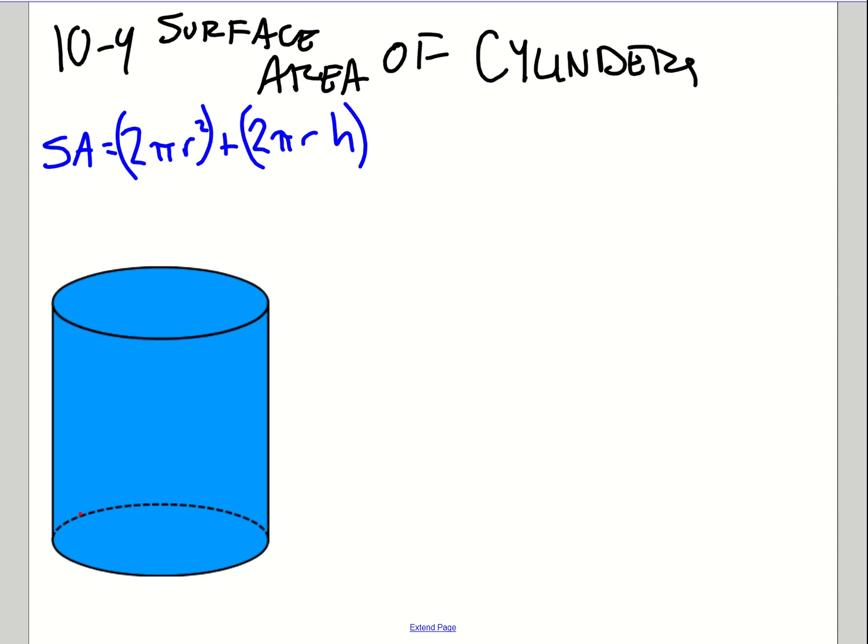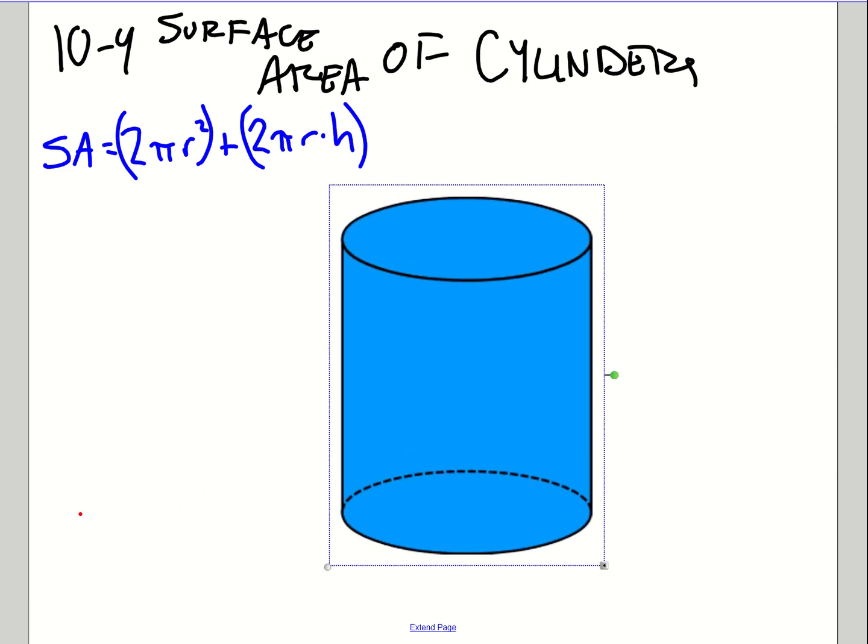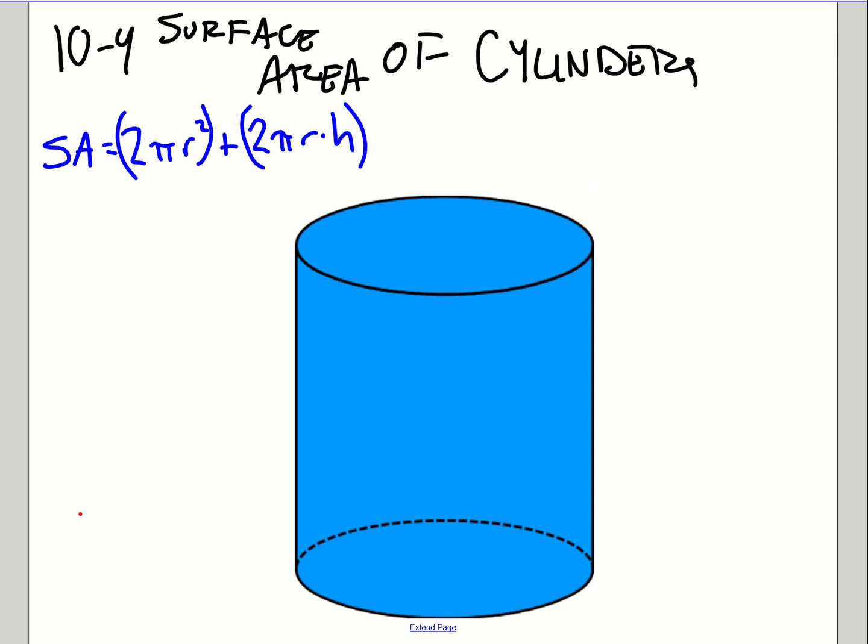Okay, and then this was times the height. Okay, let's say I'm looking at this cylinder that we've got going on right here. I said, okay, on this cylinder, I know that I have a radius of, let's say, 4 feet, and a total height of 6.2 feet.